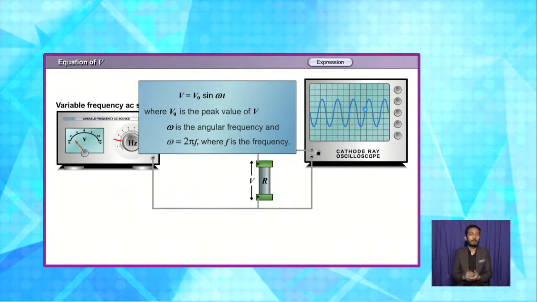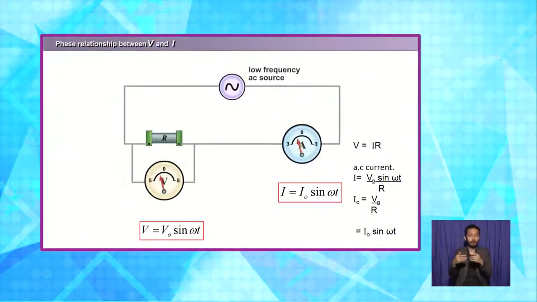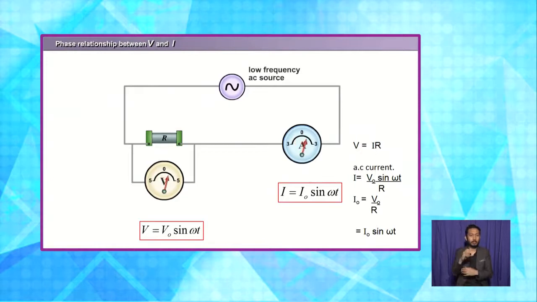When we connect a voltmeter across a resistor and an ammeter in the circuit with an AC supply, the deflections of both meters are the same. This shows that when an AC is supplied to a resistor, the voltage and current are in phase. V equals V naught sine omega t.